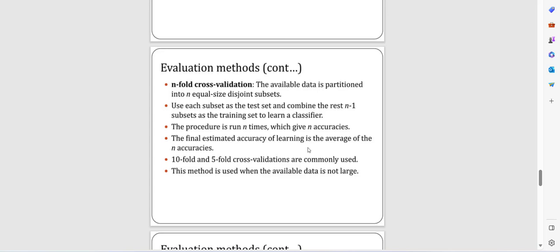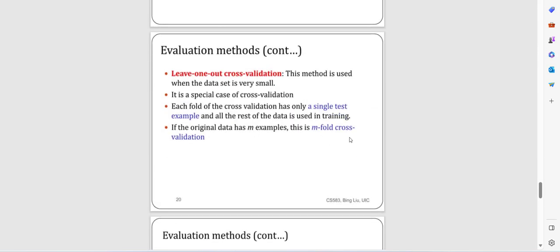The procedure runs n times, which gives n accuracies. The final estimated accuracy of the learning is the average of the 10 accuracies. So it has to make the folds, small parts like 10 or 5 or 15, and then do the training and the testing. This method is used when the available data is not large.